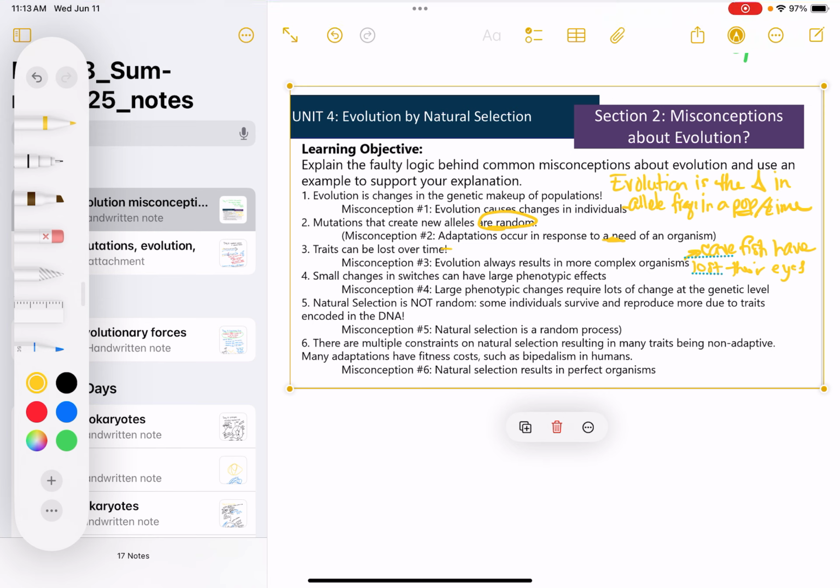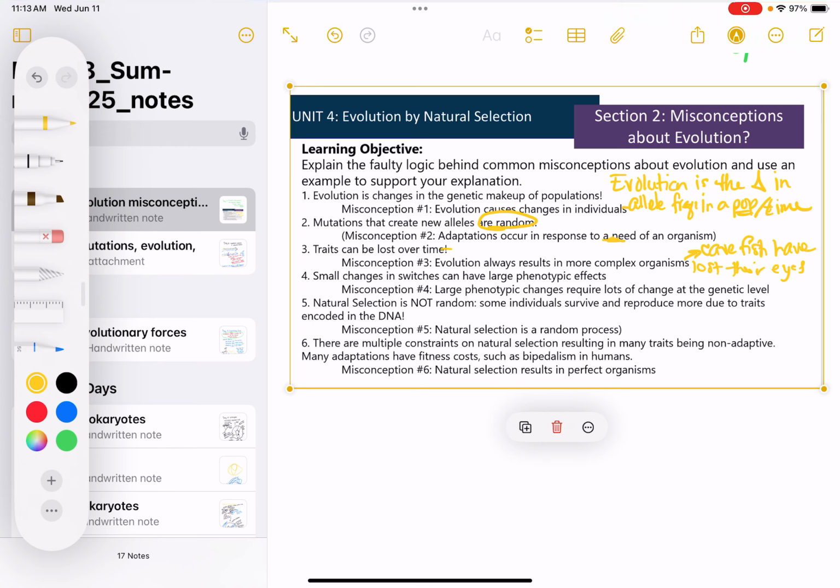So there's an eye socket, but no actual eye, because they live in the dark. They don't actually need to be able to see, and an eye is just a place for infections and things to happen that isn't necessary, right? So evolution does not always result in more complex organisms. Traits can even be lost, okay?